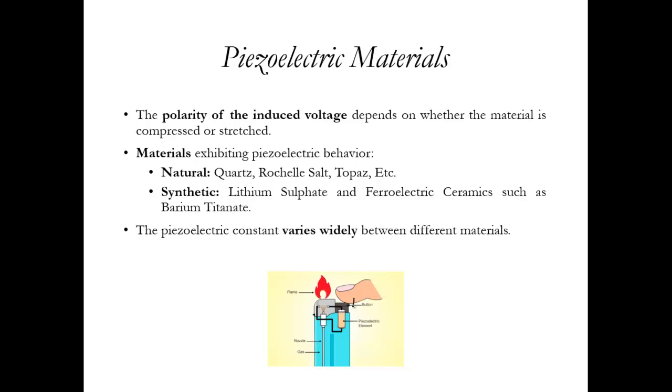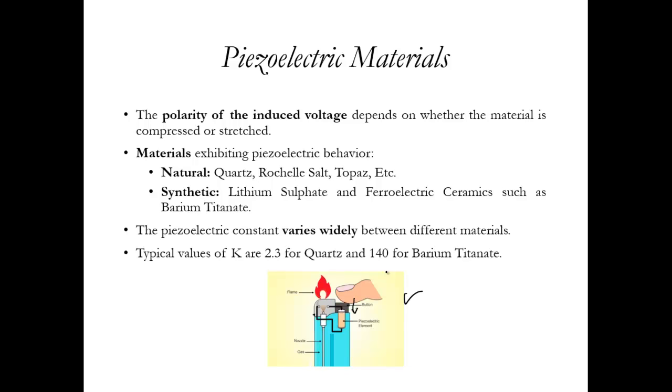The moment we press it, because of the spring that is attached, a force is applied on the element, and it causes a charge to be developed, and because of the gas supply, we have a flame produced. So this is one of the standard applications that we use in our day-to-day life. Our domestic lighter that we use in our homes also has a piezoelectric element installed in it.